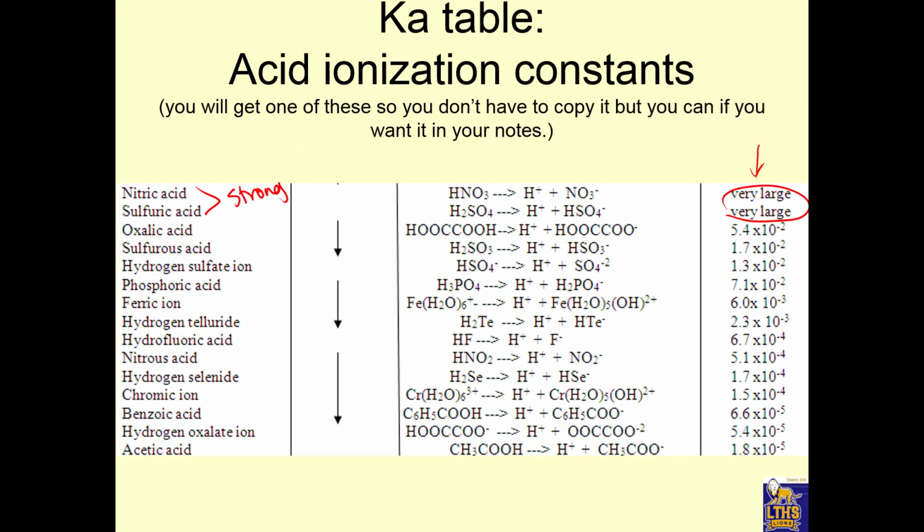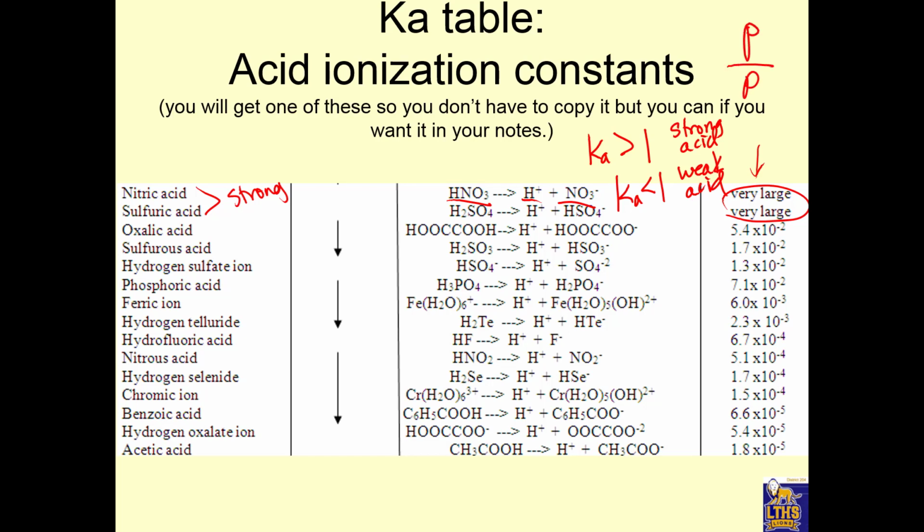Okay, so you'll get a Ka table. You don't have to put it in your notes, but if you want some examples, you can. Ka greater than 1, strong acid. Ka less than 1, weak acid, because it's always products over reactants, and if this is essentially 0, then that's going to be a big number.